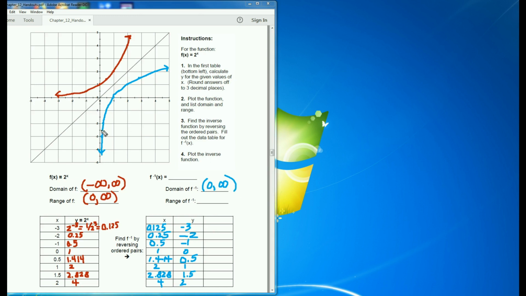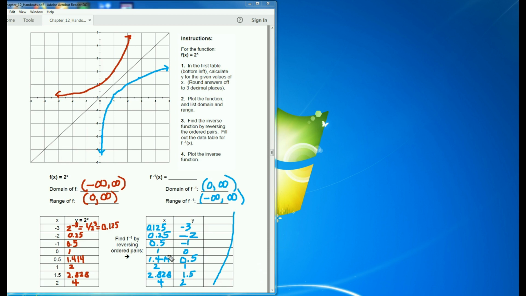But the range, well, this is going to keep going down, this is going to keep going up. So it looks like I can end up getting any y value out. So in other words, the range is all real numbers. Okay. And you can just cross, we're not going to use that column. I adapted this from a different class.